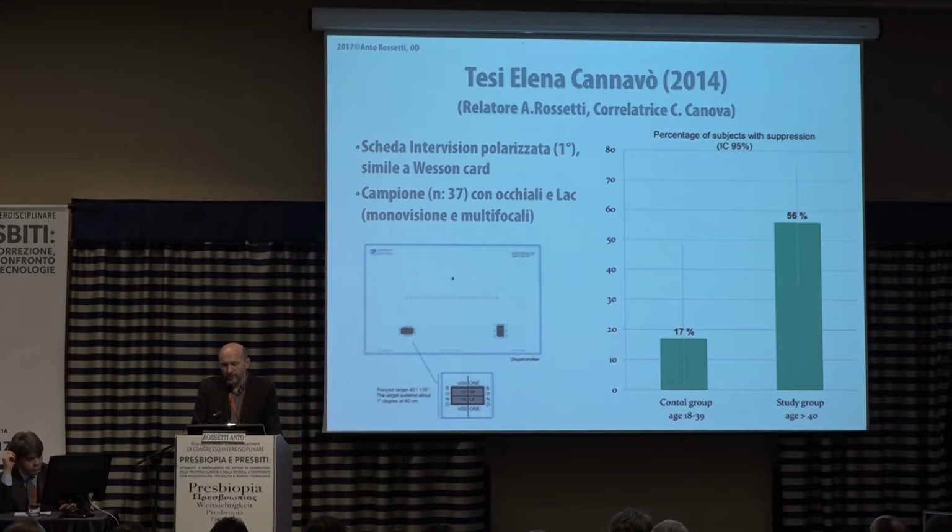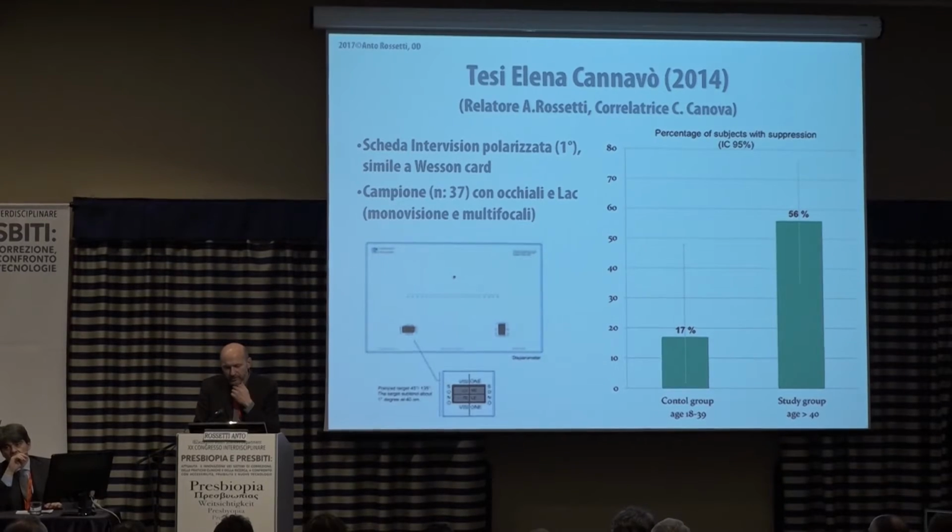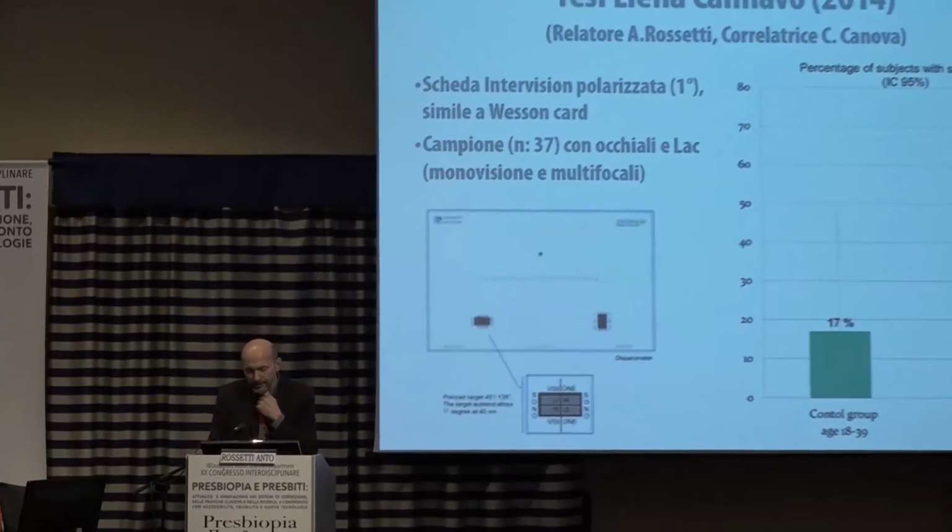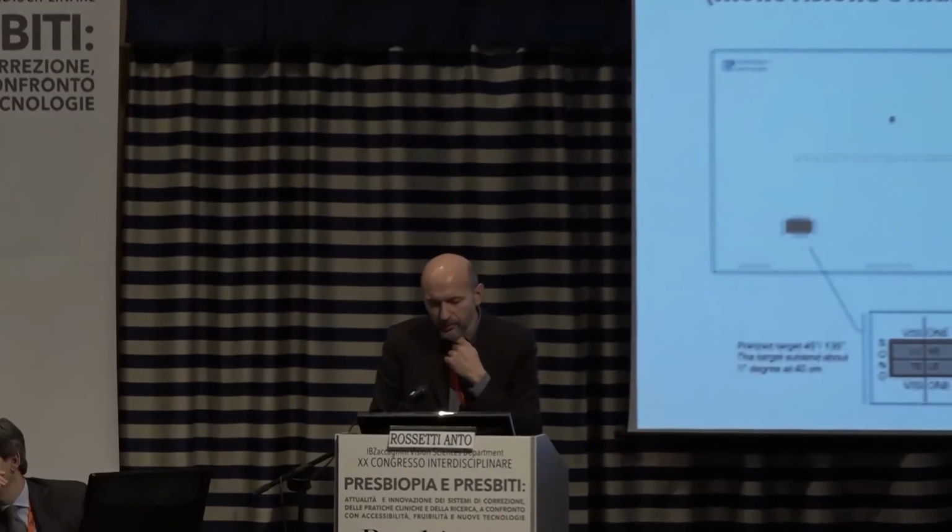This is another dissertation by Elena Cannavo. She used a card similar to the Western card. They were all presbyopes with multifocal correction and monovision correction. 56% of presbyopes have spontaneous suppression.